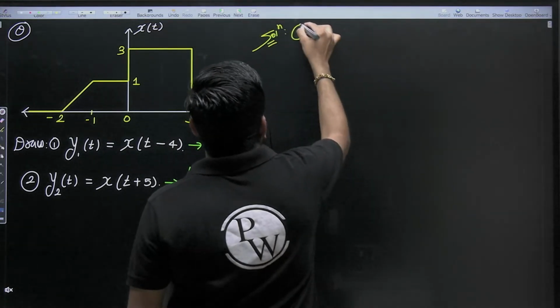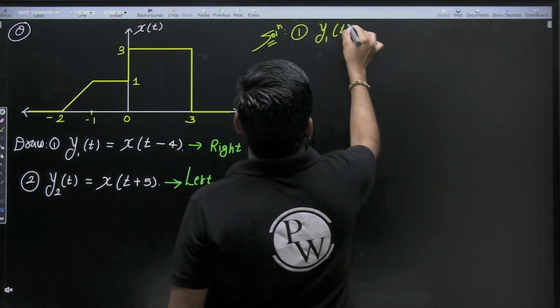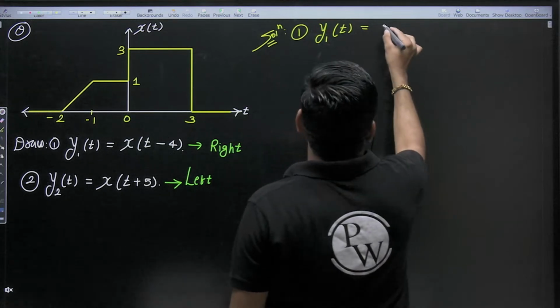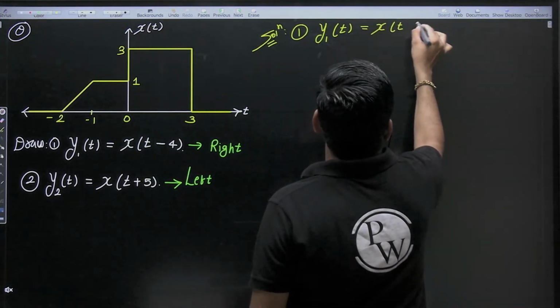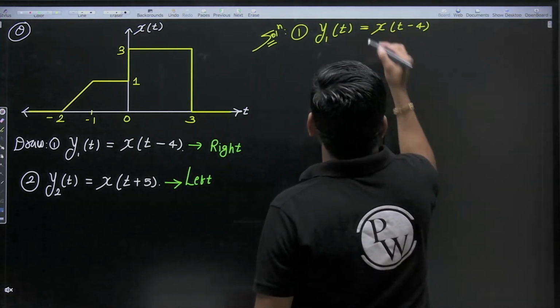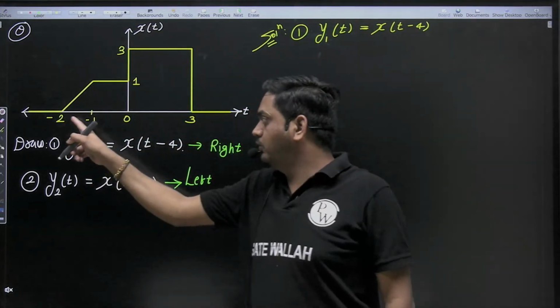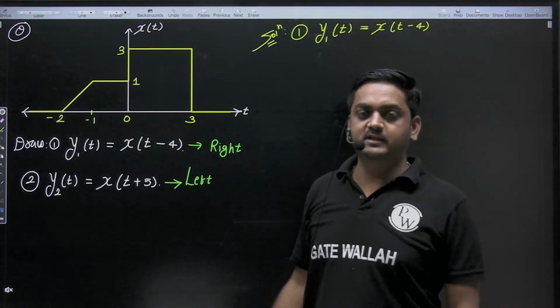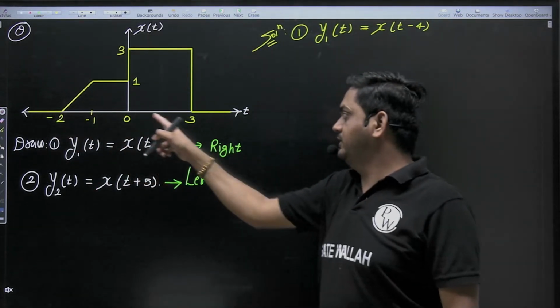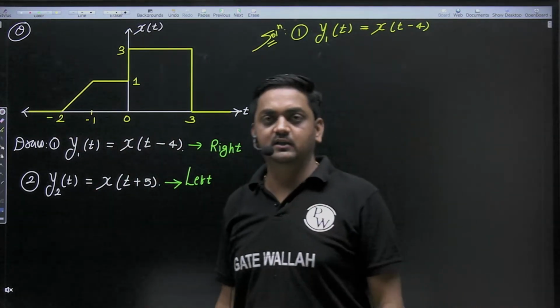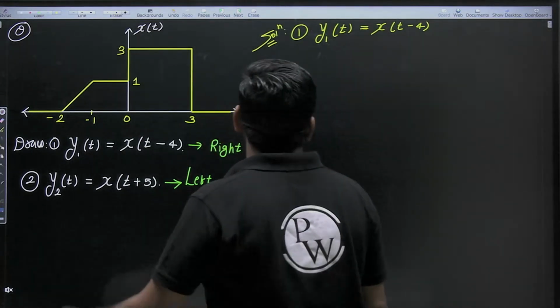Simply, first, y1 of t is equal to x of t minus 4. So right shift. This signal will go to the right side only if you add 4 at each and every instant on the x axis. Then right shifting is possible, guys.